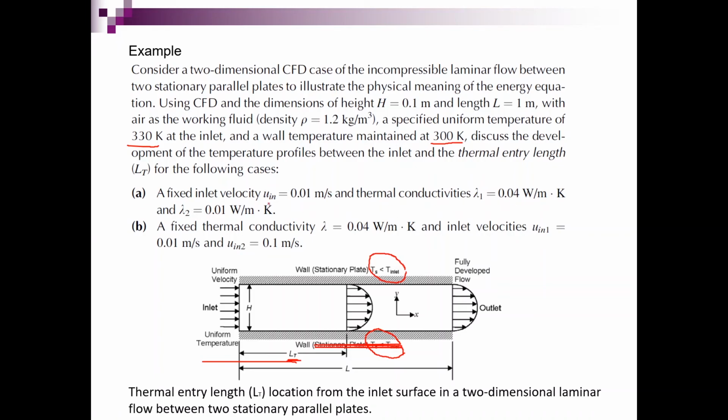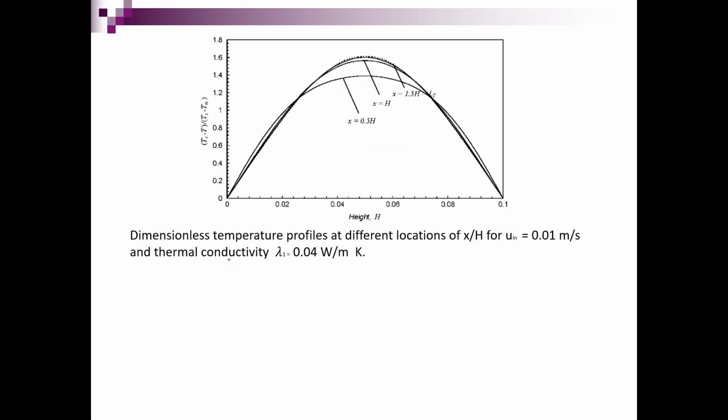For the first part, we have the same inlet velocity of 0.01 for two cases, but with different thermal conductivities, 0.04 and 0.01. Then there's another case with a fixed thermal conductivity of 0.04 but with different inlet velocities, 0.01 and 0.1.